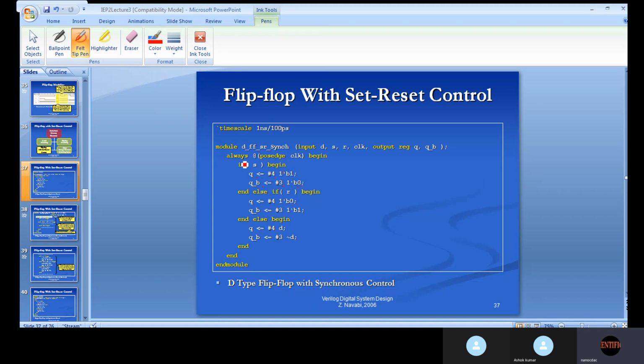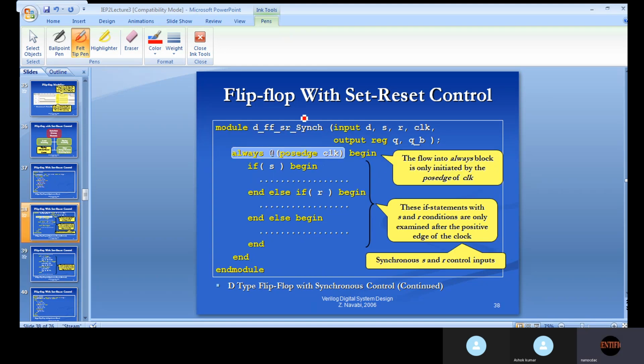Else, if r is equal to 1, what you do is assign q 0 and q bar is equal to 1 with these time delays. Else, you assign the d value to q and the negation of the d value to q bar. Okay, so these are flip-flops with set reset control.